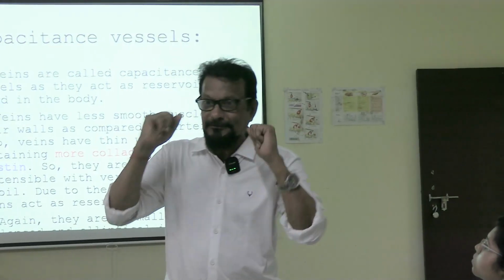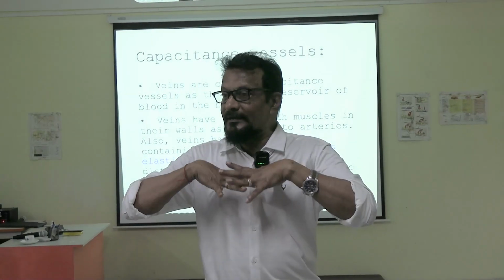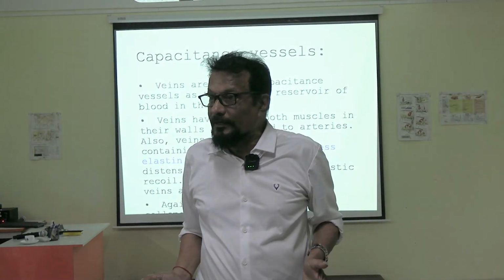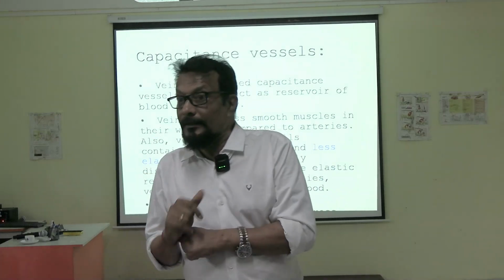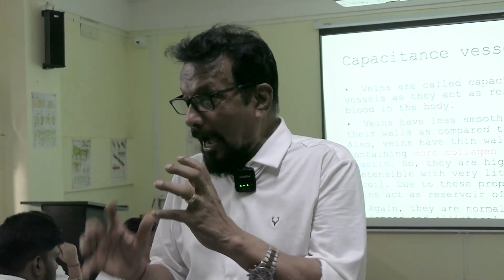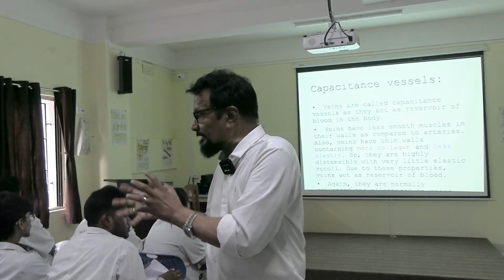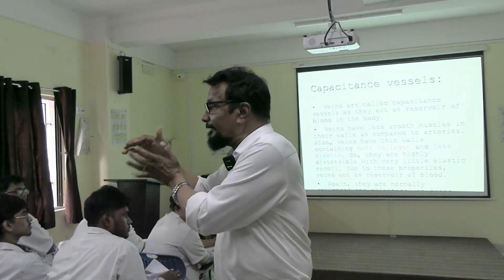Now at this instant, my 5 liters of blood is distributed throughout my body. Now tell me, how are these 5 liters of blood distributed? Is most of the blood retained within the arterial system or in the venous system?